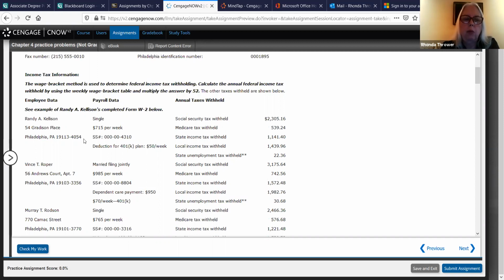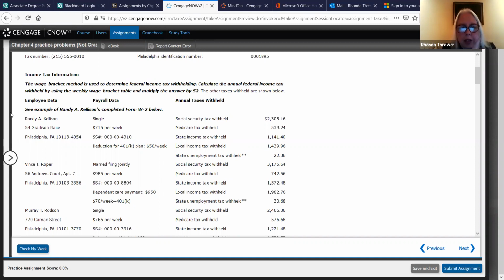This just so happens to be Philadelphia, where anybody employed in the state of Philadelphia has to pay a state unemployment tax. Evidently, the state of Philadelphia has a whole lot of unemployment, and so they have to go to individuals to collect tax on this. We'll talk more about state unemployment tax in the next chapter.